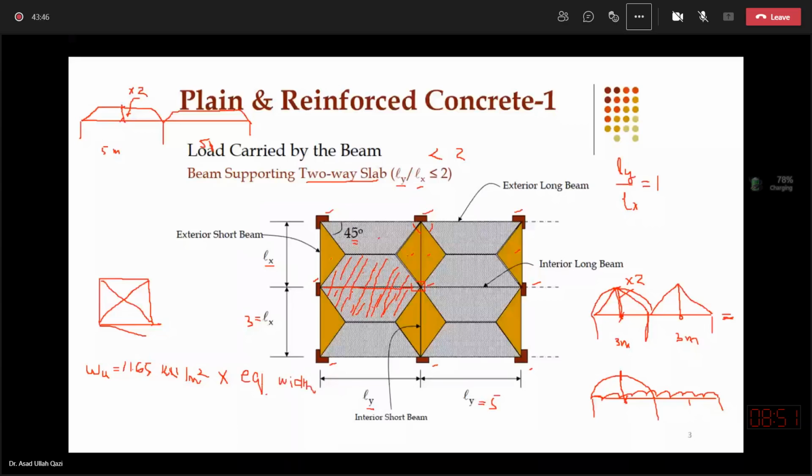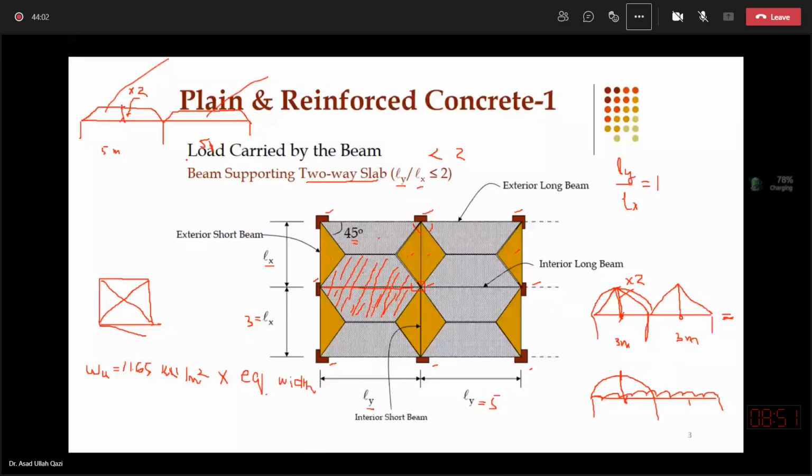And the answer which I will get is exactly the same as what I will get otherwise by solving the beam subjected to a trapezoidal load.